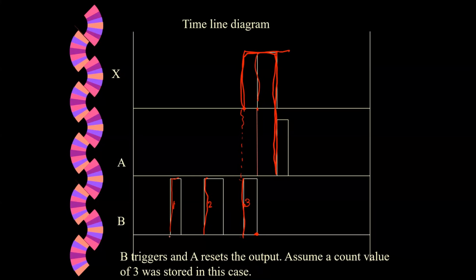For example, what happens here? If this stayed for a long time and then went down, it doesn't matter. It got triggered here. The value became from 3 to 2 and stays as 2. Nothing happens here. And then when it goes down, nothing happens. The next time it comes again, it becomes a 1. And so on. So best is to see the demo and understand this more thoroughly.